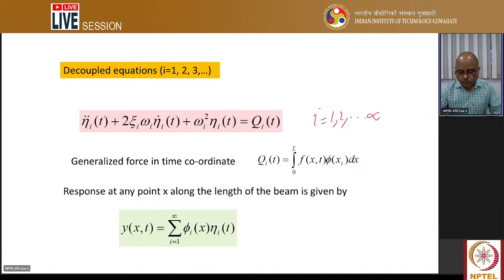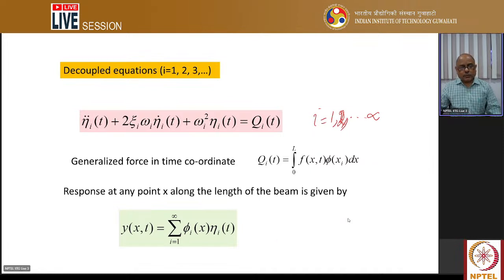Therefore, naturally we consider n modes to calculate the response. We can see this is similar to the single degree of freedom equation of the damped oscillator. So the solution of this is easily known. We know it already from the basic lecture that I gave in the first module.